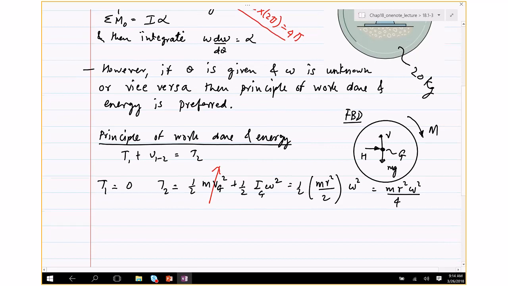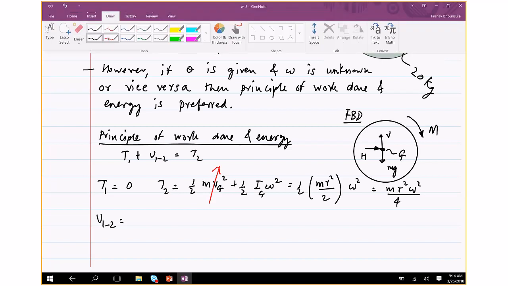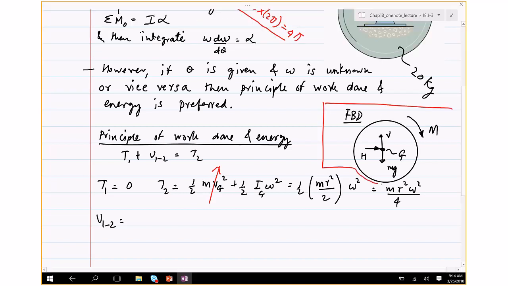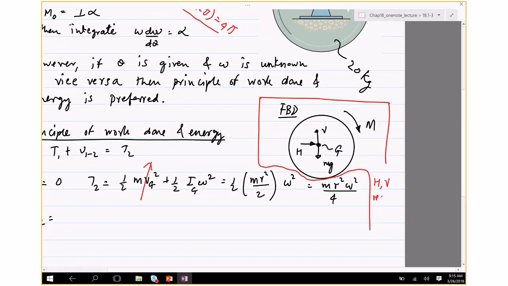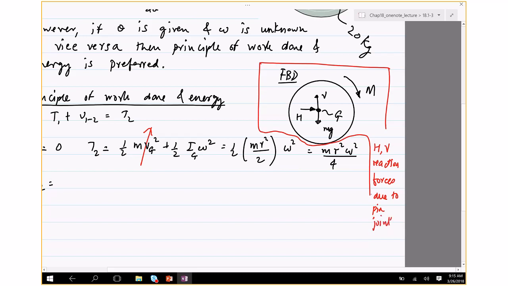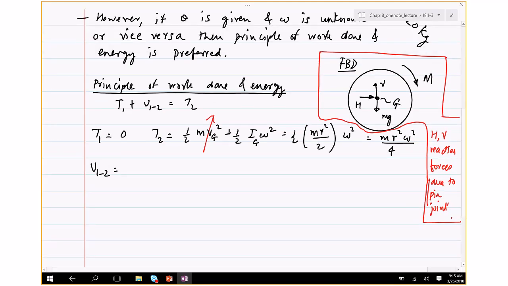Okay, let's find the work done. When you find the work done, always ask yourself, what are the forces on the system?